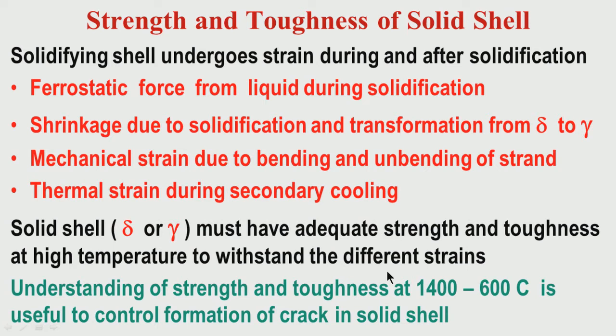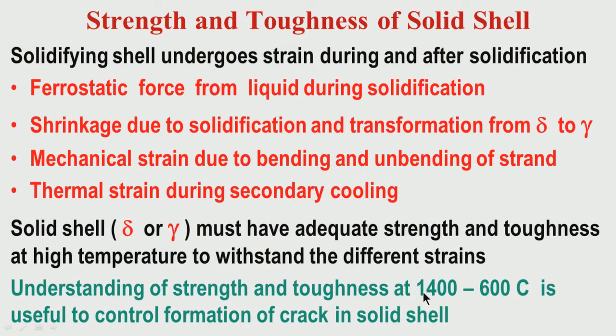By high temperature I mean the big range of temperature from 1400 to 600 degrees centigrade, because solidification is only the start of the activity of continuous casting. After solidification is complete, the strand is again cooled in the secondary cooling zone by water or mist. So the temperature of the strand will come down slowly, and the internal portion of the strand will also come down slowly, at a different rate, since the surface is getting cooled relatively faster.